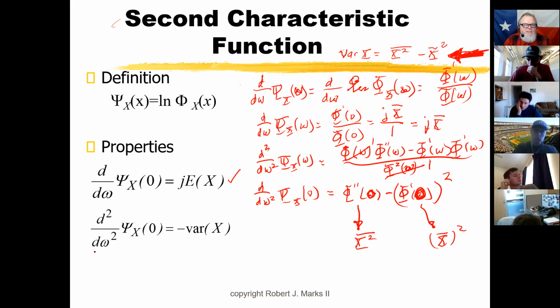That's the reason we get the second property here: the second derivative with respect to omega, evaluated at the origin, of the second characteristic function is equal to minus the variance. So there's no messing around with computing the first moment and then computing the second moment and then subtracting off the square of the first moment. Also, we'll see it has its mathematical advantages as we go on.